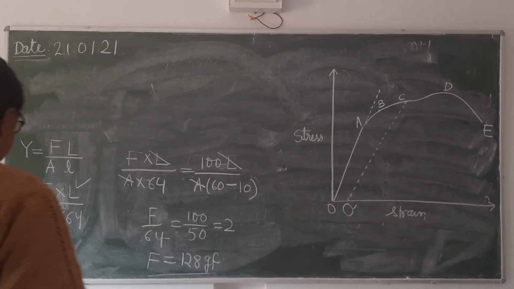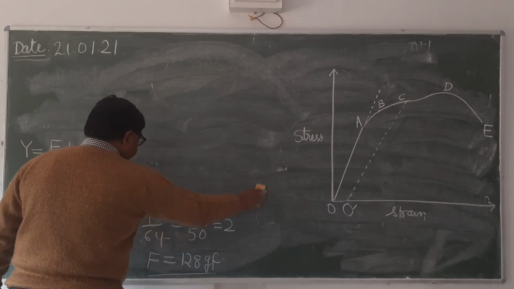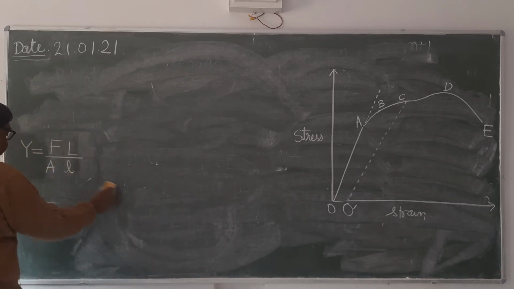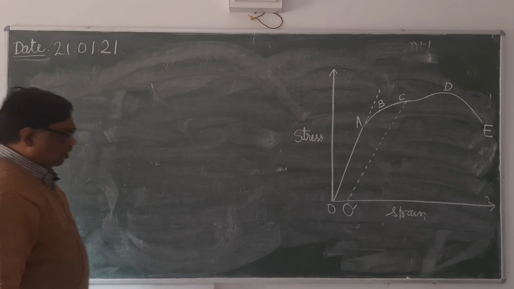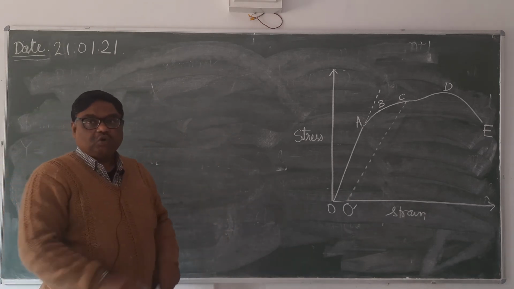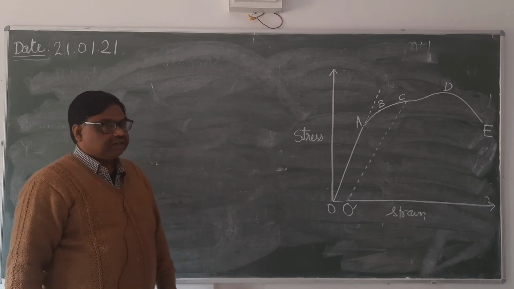Now you can see the question number 3 given on page 573. Which physical quantity will be given by the slope of part OA? Who can tell? By slope of part OA, which physical quantity can be obtained?